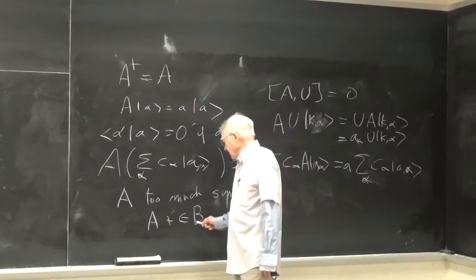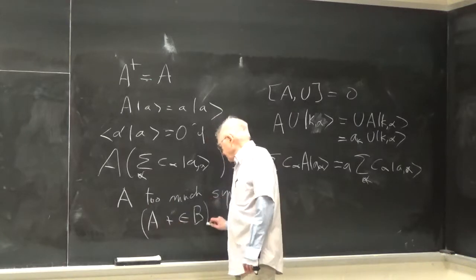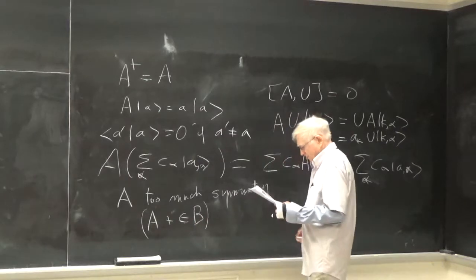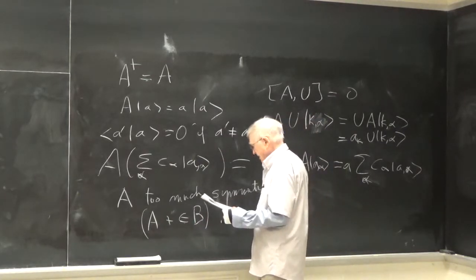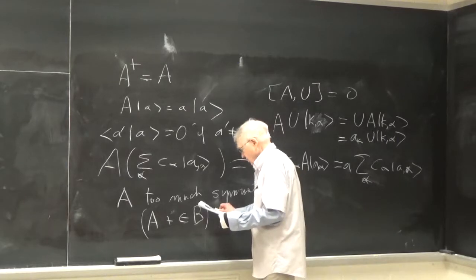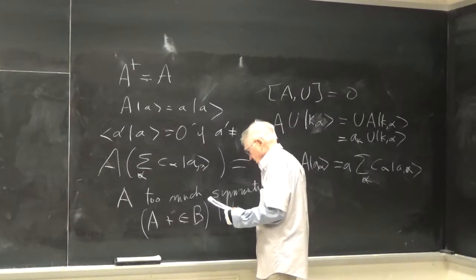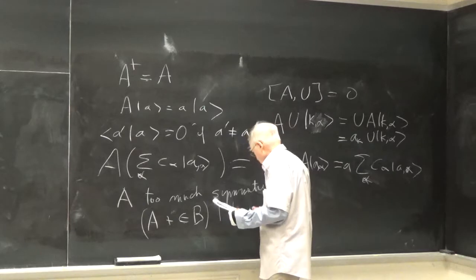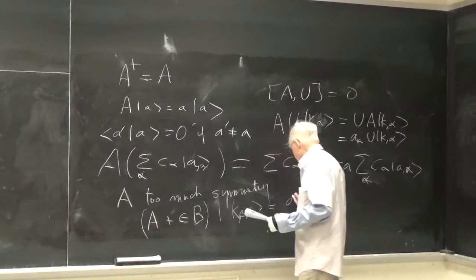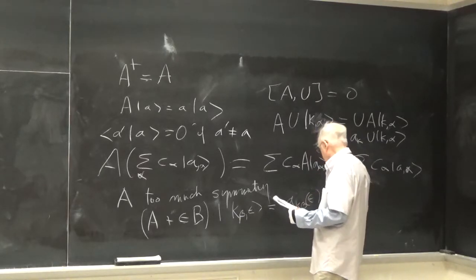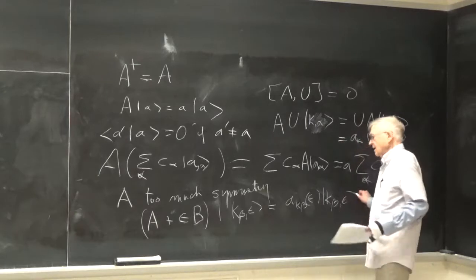Then the eigenvalues of this operator, let's see how I wrote them down, I call them K beta of epsilon, and this would be A K beta of epsilon, K beta epsilon.